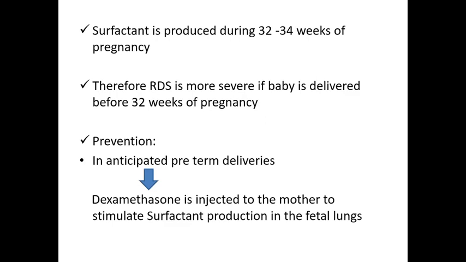If you give this injection a couple of days before, then at least some amount of surfactant will be produced in the baby's lungs by the time the baby is delivered. That is one way you can prevent respiratory distress syndrome in newborns, in anticipated preterm deliveries. Now we'll see the treatment.